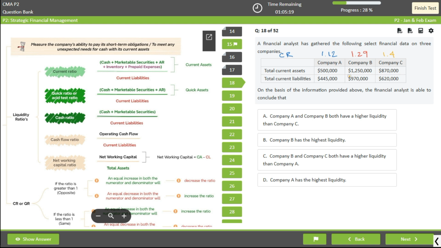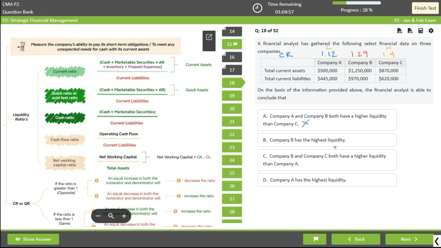So the current ratio is highest for company C, and company A has the lowest current ratio, with company B somewhere in the middle. So company A and company B both have higher liquidity than company C? No.